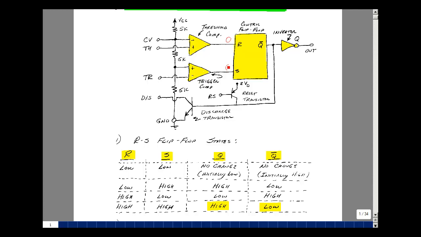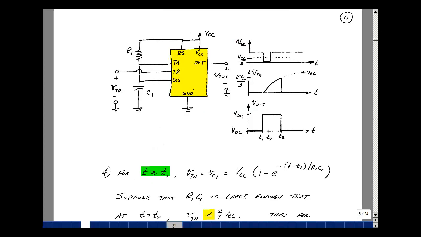And so we have now R and S both 0, and what that means at the output is that nothing changes. The output was high, and the complement is low, so this transistor is still cut off. And so nothing happens. So we stay high past t2, and now nothing's going to happen until we reach 2/3 VCC. So let's take a look at that case next.